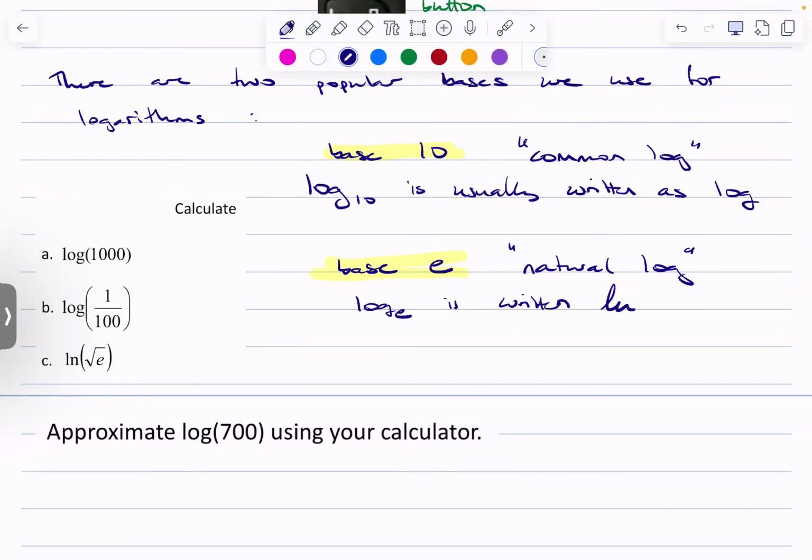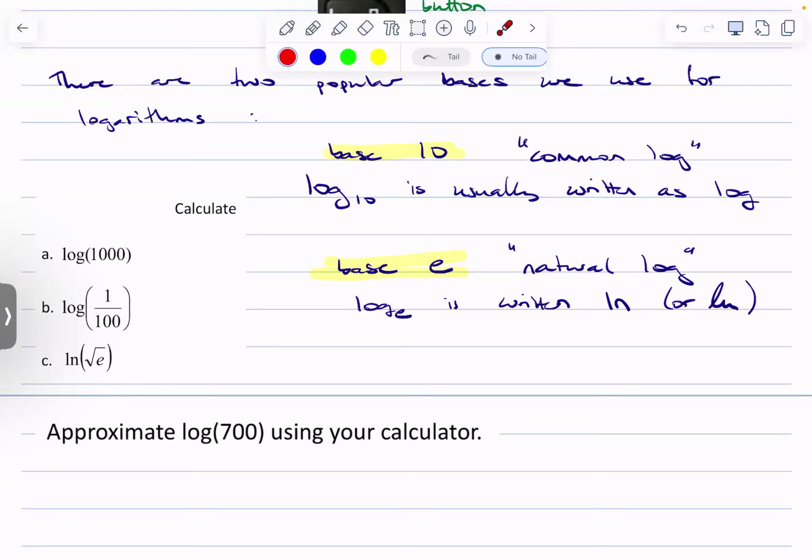as, now I do this kind of cursive ln, because otherwise it looks like one n to me. So I write a little cursive ln, and that's the natural log. Now, I remember in high school, my teacher would call it the ln. We don't really do that anymore. In fact, I just call it the log.